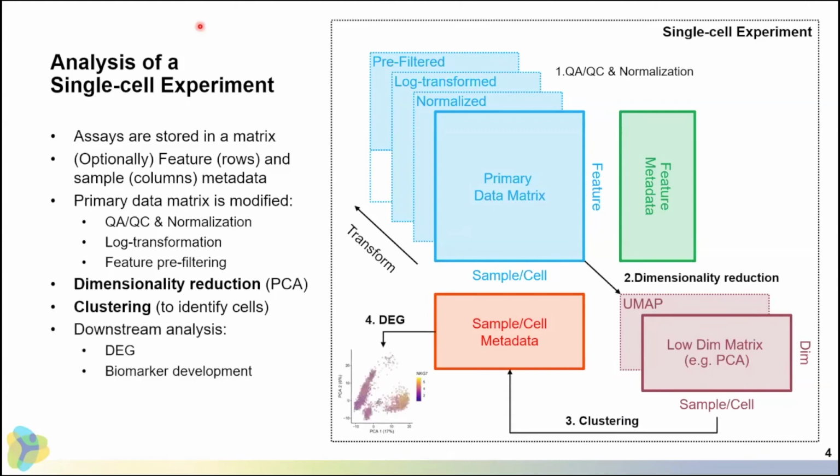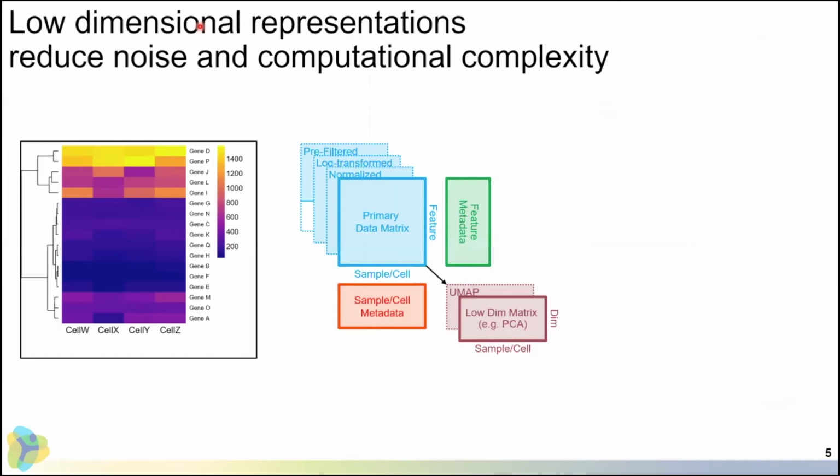And once you've done that, and added that data to your metadata table, you're able to interrogate those cell clusters and start to ask questions like differential expression, but also pass that on to biomarker discovery exercise. So next we'll discuss those two different steps in a bit more detail.